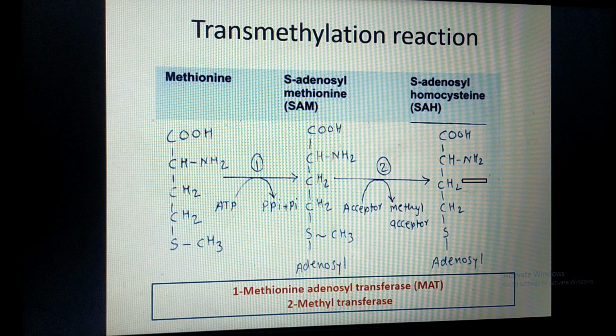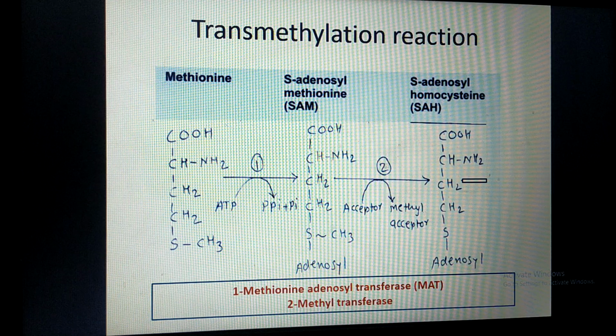Here ATP is hydrolyzed, 3 phosphate groups are removed, and the adenosine group of ATP is added to the sulfur atom to form S-adenosyl methionine. Due to attachment of the adenosyl group to the sulfur atom, the original bond between sulfur and methyl becomes weak, and that methyl can be easily removed and donated to any other compound.